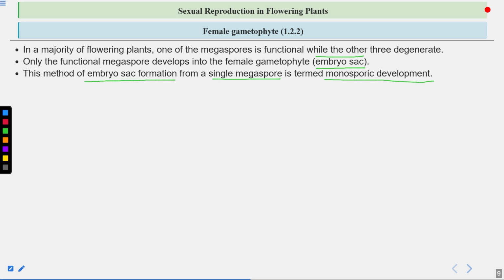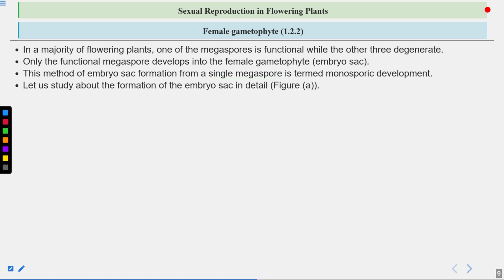Yes, 7 cells. The embryo sac is made up of 7 cells, and these 7 cells are formed from one single, functional megaspore, because 3 got degenerated. Now, how this single megaspore leads to the formation of an embryo sac, we will see.